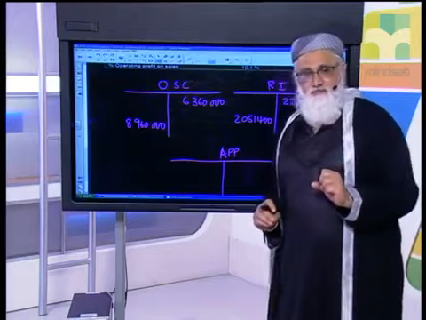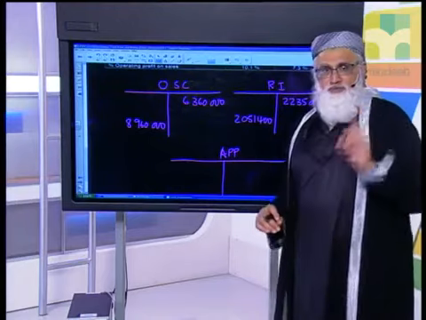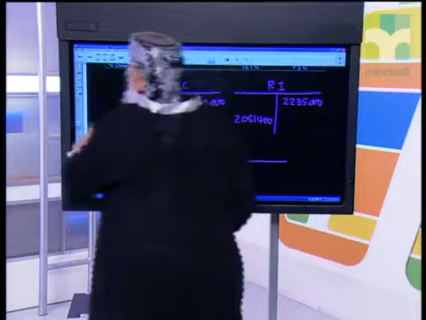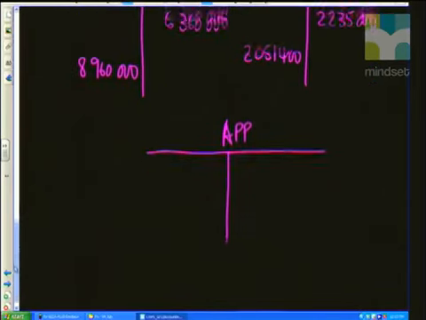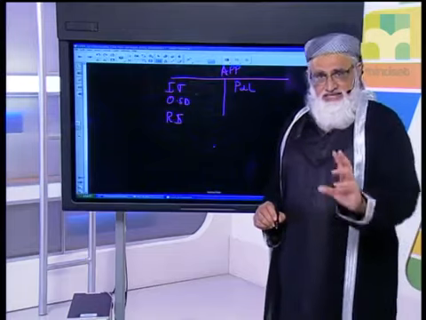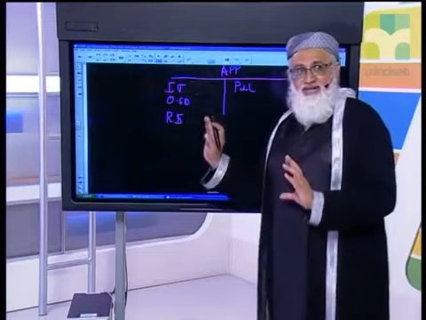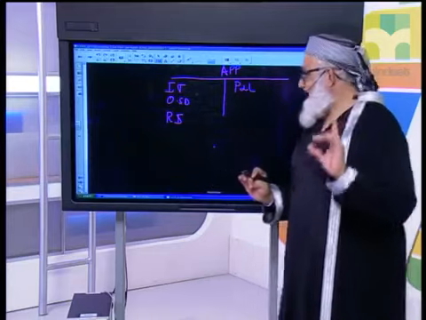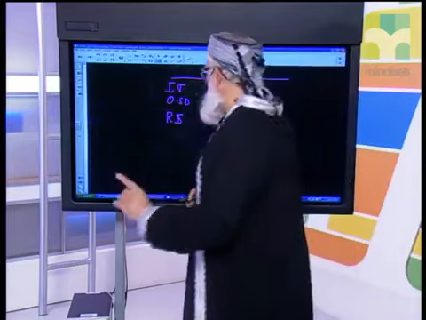Now watch this here. I now look at my appropriation account, and I know in my appropriation account, I need to have income tax, I need to have my ordinary share dividend, and I've got my profit and loss figure, and I have my retained income figure at the end of the year. So in other words, I can now complete this appropriation account. Let me do that. What was my income tax figure?